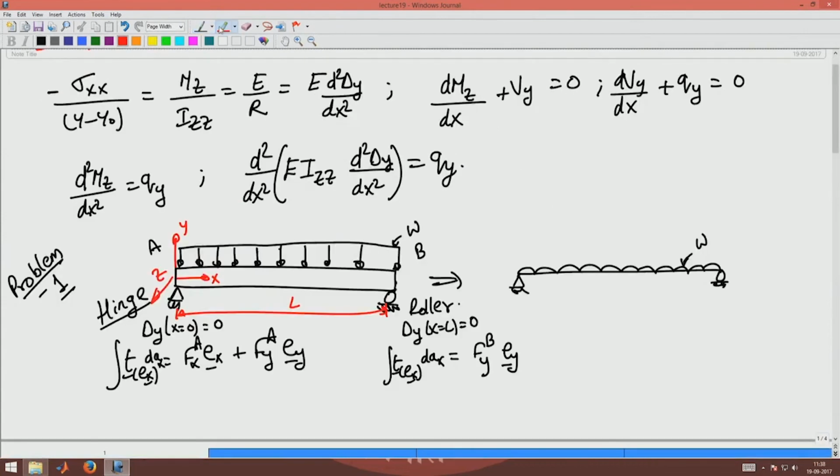From the boundary condition, I know that delta y at x equal to 0 is 0, and delta y at x equal to L is 0.